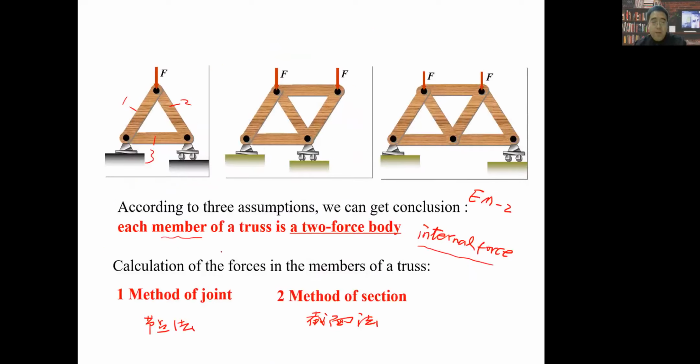That's why we have the method of joints, or method of knots, 节点法. We also have the method of section. Then I will introduce these two methods to you and how to find all the internal forces of the members of a plane truss.